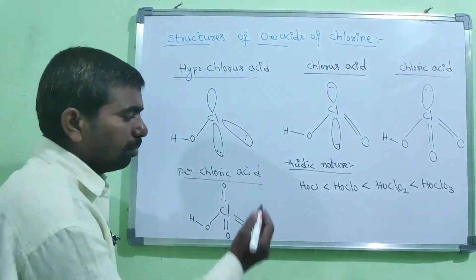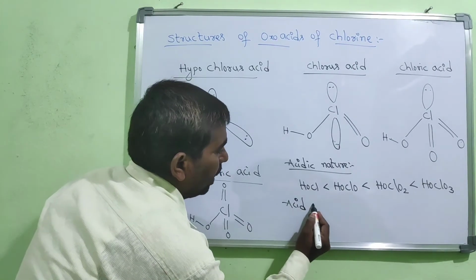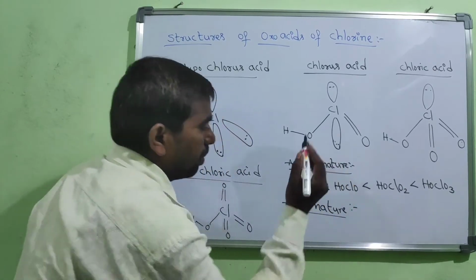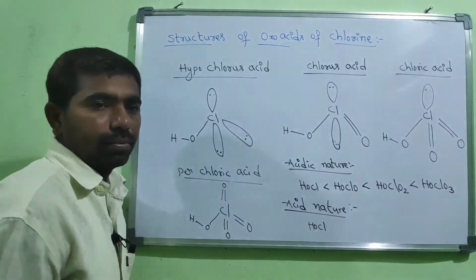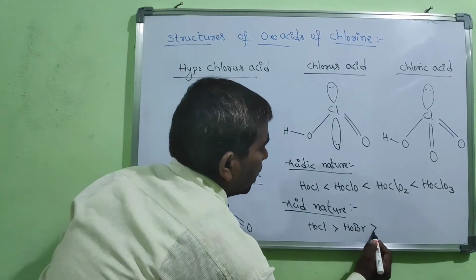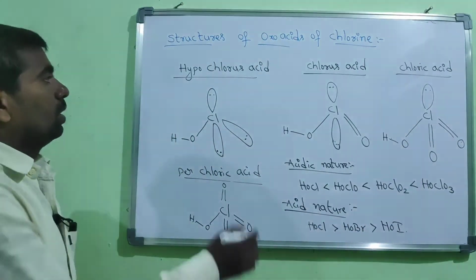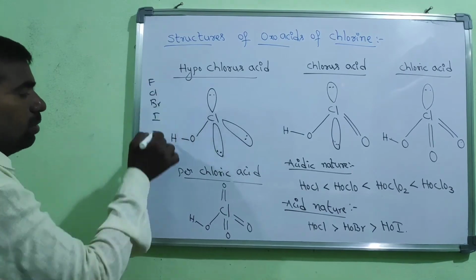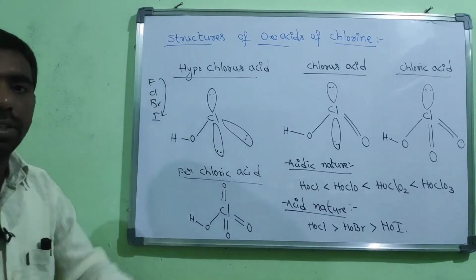Next, if I take the oxo acids of different elements, HOCl is greater than HOBr is greater than HOI. This is because from fluorine to iodine, electronegativity decreases.